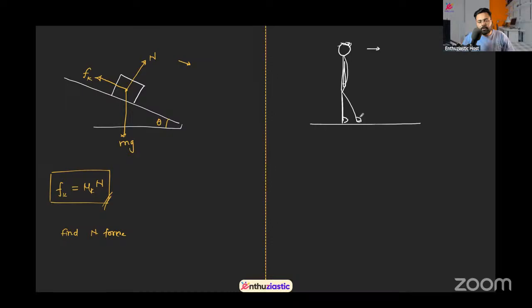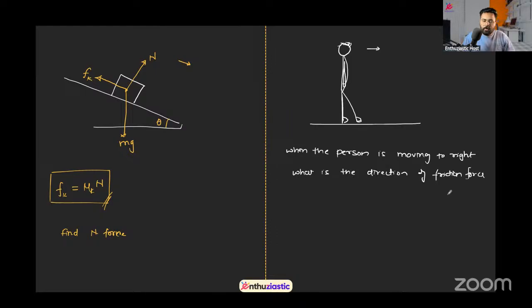He's walking on the ground. The question is, when he's moving in the forward direction, what is the direction of friction force? When the person is moving to the right, what is the direction of friction force? That is for you to answer in the comments.